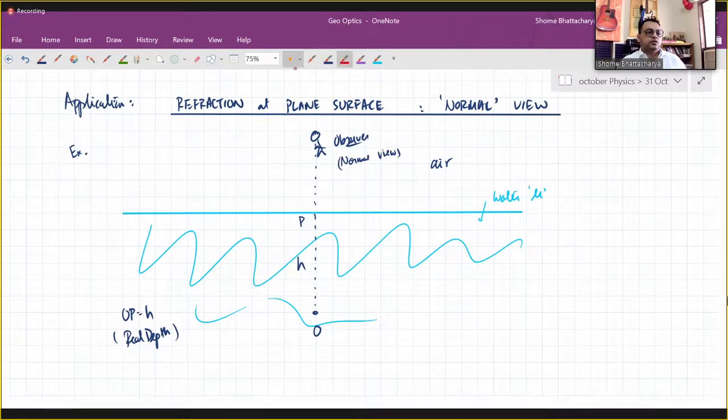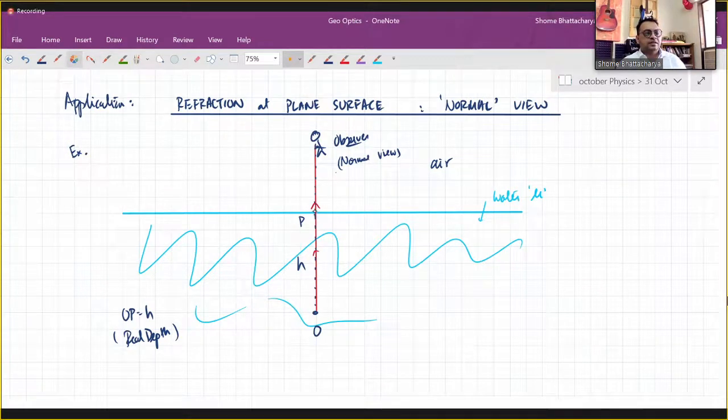Now, of course, there will be one ray which goes exactly along the normal and it is undeviated. But one ray is not enough to produce an image. So we need to imagine a second ray which is very close to this one.